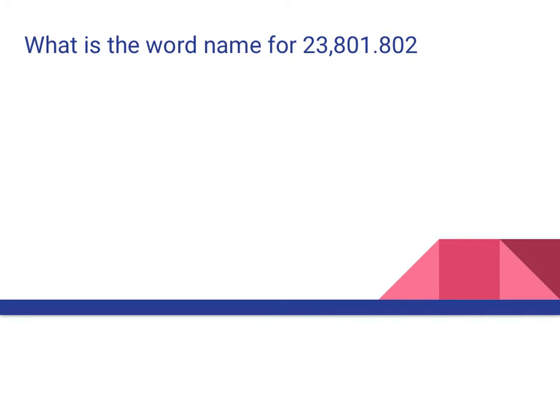The next problem says, what is the word name for the numbers shown? Remember, read a whole number how you normally would. So we start off with the number 23,801.